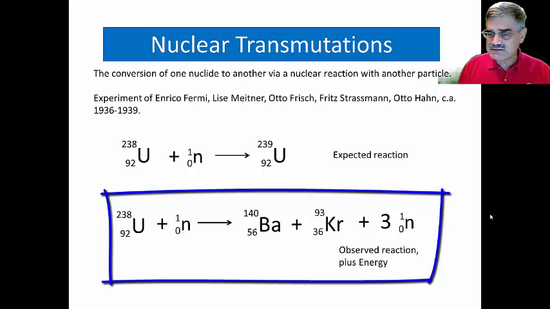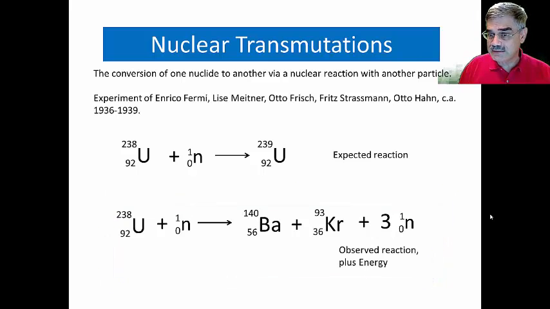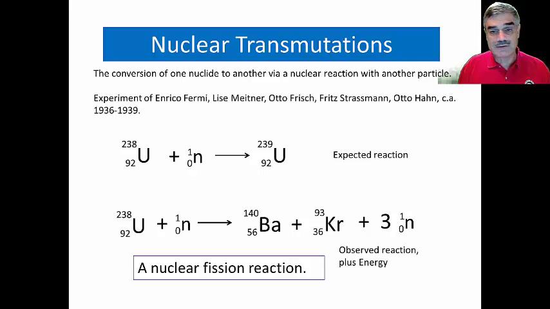Well, it took these scientists and others a year or two to sort of put the pieces together, and it was an interesting story involving scientists in various countries, England, United States, Germany, Italy. But when they did analyze the data and realize what it meant, it was very shocking. What they discovered is that when you bombard uranium-238 with neutrons, you split it into two smaller pieces.